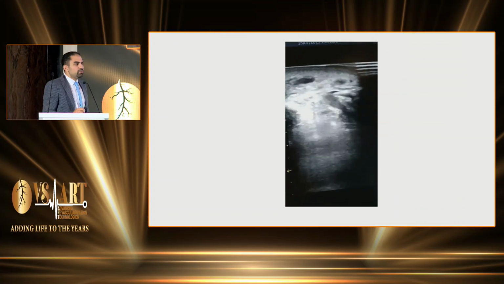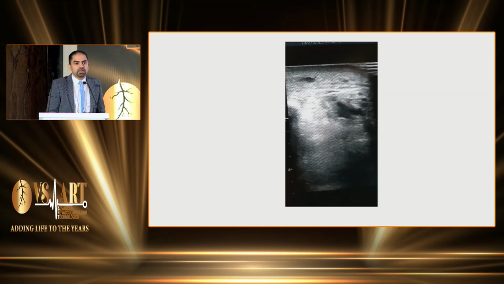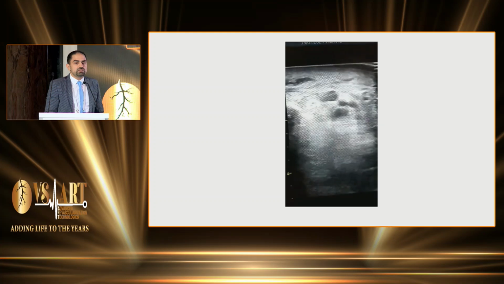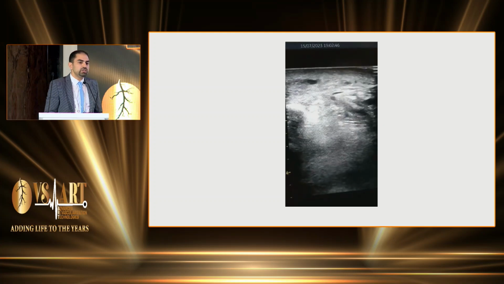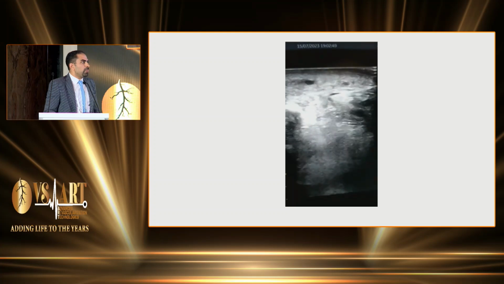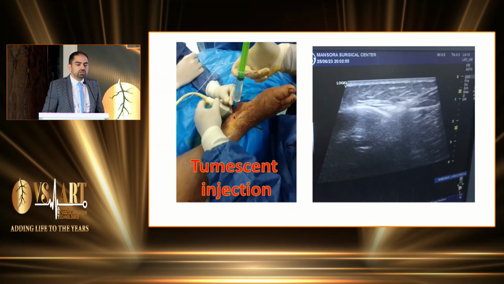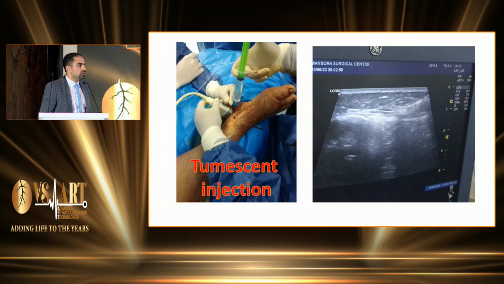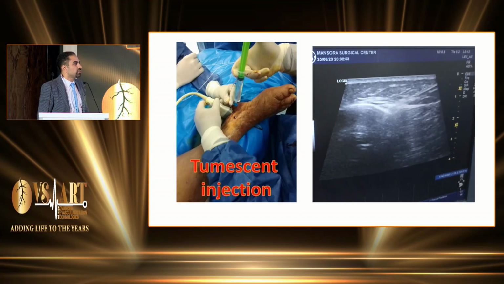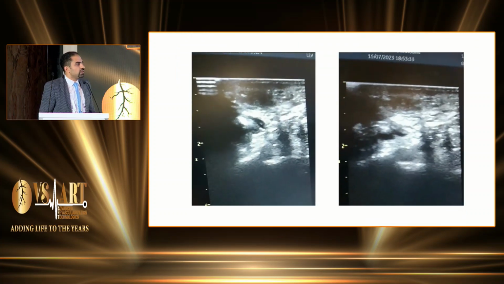The importance of proper positioning is to avoid advancing the catheter into the deep veins, so we do not hurt either the deep veins or the arteries. After that, we do tumescent injection, just to avoid injury to the surrounding structures, and start ablating with the radiofrequency catheter.